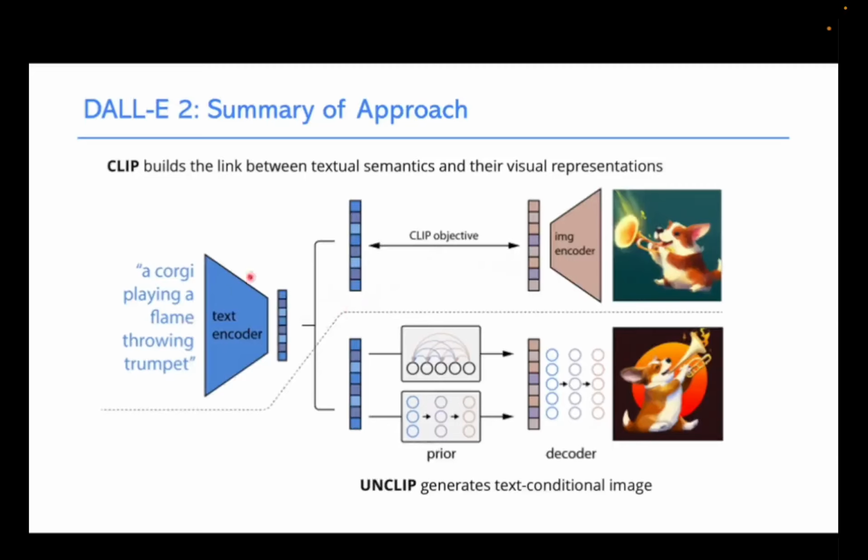After we complete this part, we use the lower part, which is the architecture we have learned before, to generate the text-conditional image. This step can be called unCLIP, because basically it inverts the CLIP embedding into the generated images.